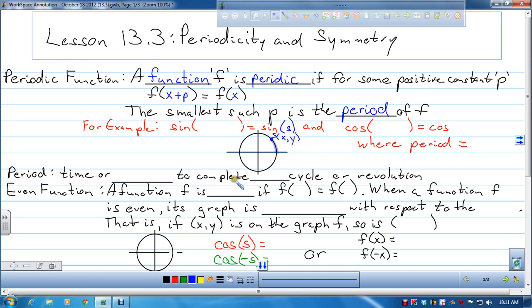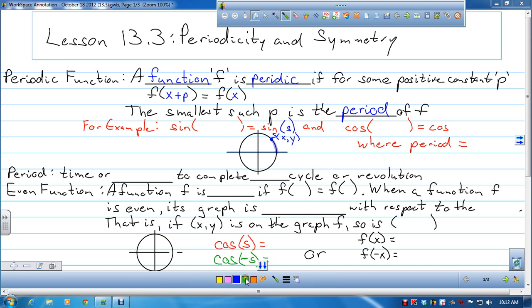Well, that's going to be the same as if I had gone from there and went all the way around, and that is s plus 2 pi, right?